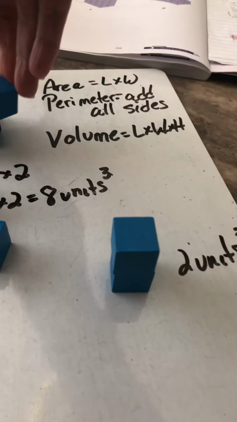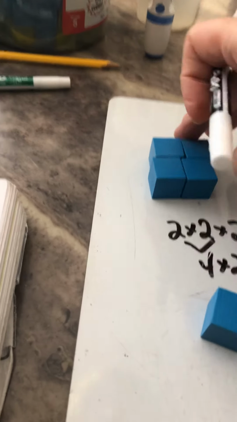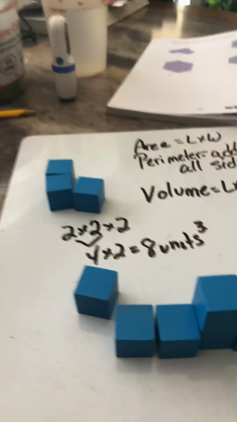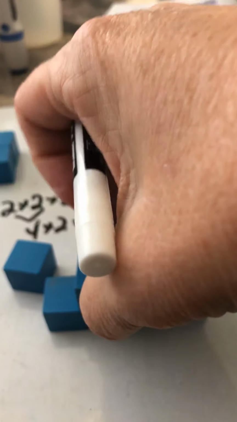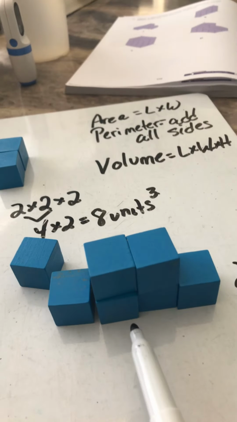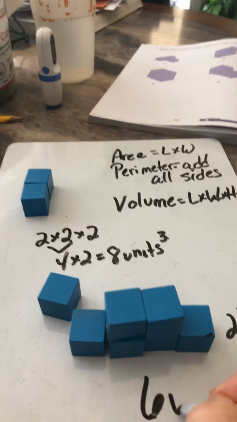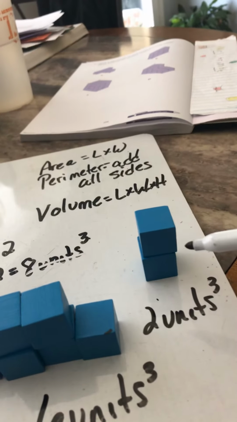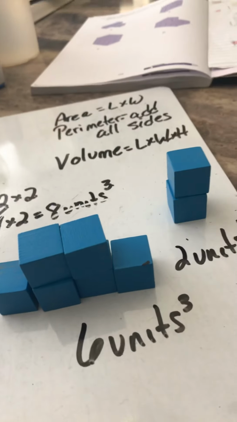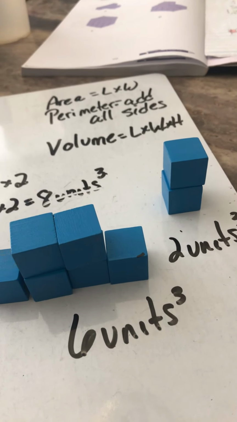Now, if I want to add to it, what would the volume of this be? Well, 1, 2, 3, 4, 5, 6. This one would be 6 units cubed. Okay? We had our 2 units cubed and our 6 units cubed. Which one has a greater volume? Well, the 6 units cubed.